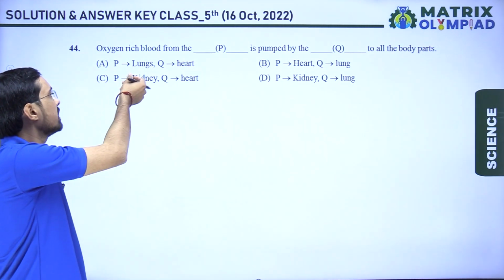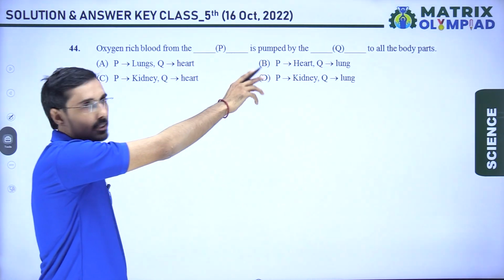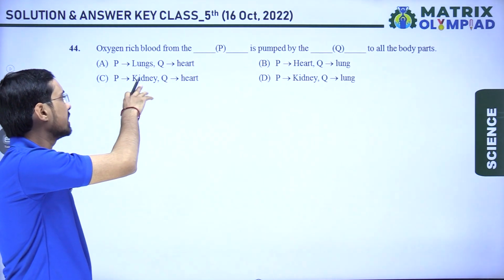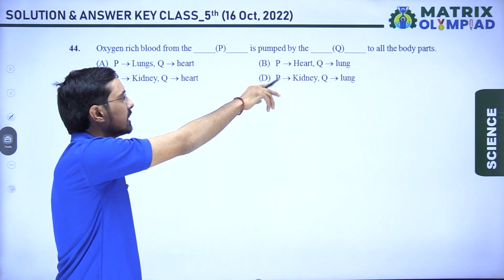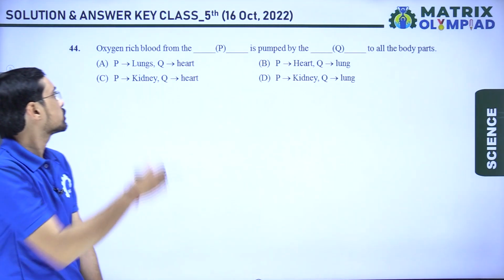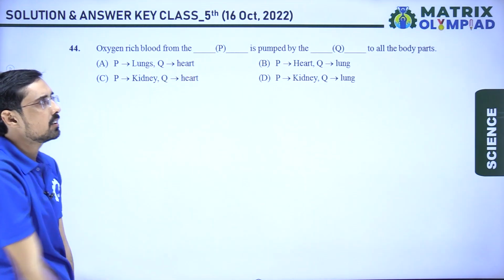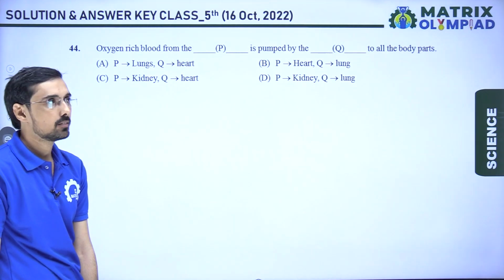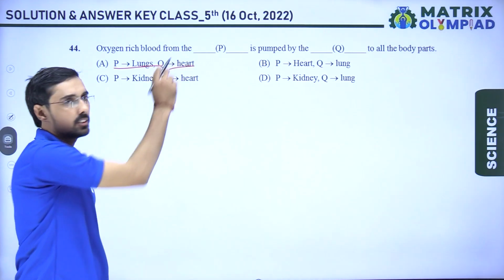First, P is lungs and Q is heart, second, P is heart and Q is lungs. Third, P is kidney and Q is heart, and last, P is kidney and Q is lungs. So the oxygen rich blood comes from the lungs, and it is pumped by the heart to the other parts of the body with the help of arteries. So the correct option is A, P lungs and Q is heart.